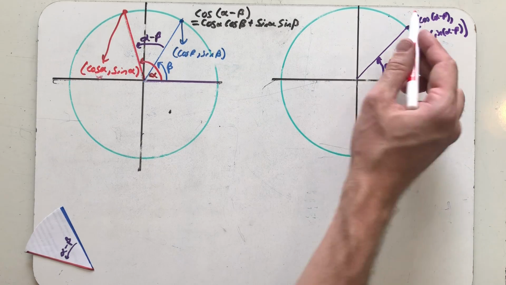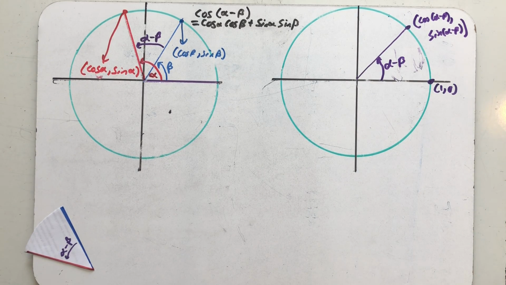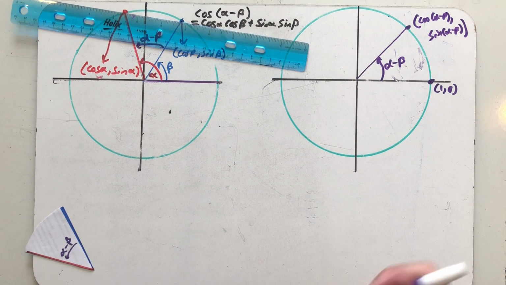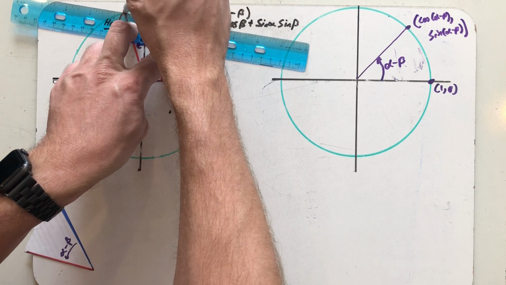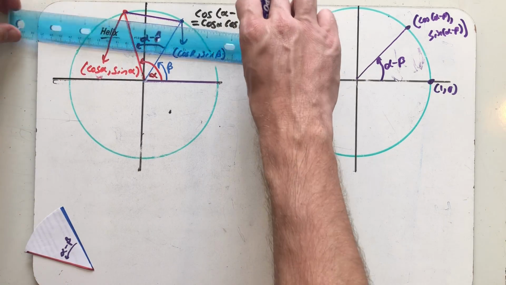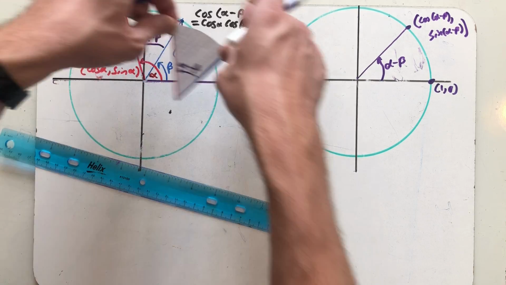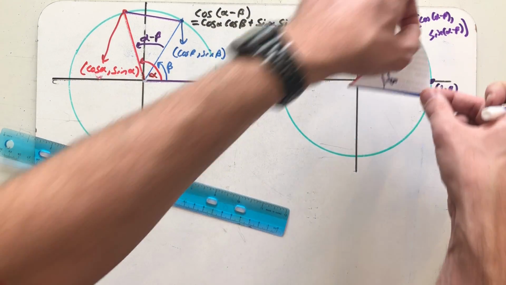So I have four points labeled. To verify this identity, I'm going to think about the length of the line segment between these two points. Because that's the angle alpha minus beta, I can think about that being the line segment between those two points, which is the same length over here.